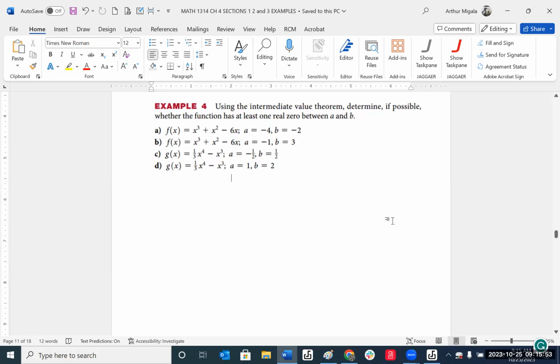Let's look at this example. Let me write all four of these. F of x equals x cubed plus x squared minus 6x, where a equals -4 and b equals -2.